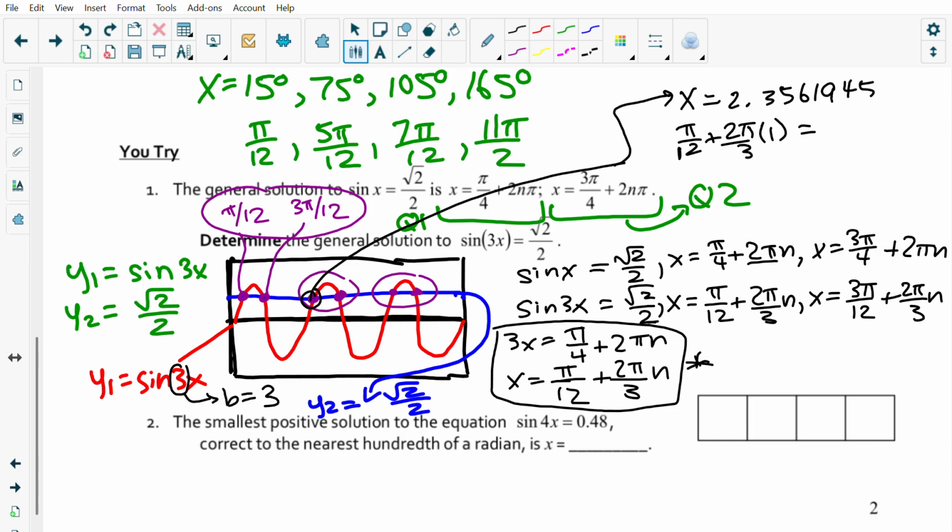Pi divided by 12 plus 2 pi divided by 3 times 1. I get, look at that, 2.3561944, and then if I round, it's the same. So that works. And then you can try the same for this one where you add 2 pi over 3 to that. So that's how I get this part here if you just do n equals 1.